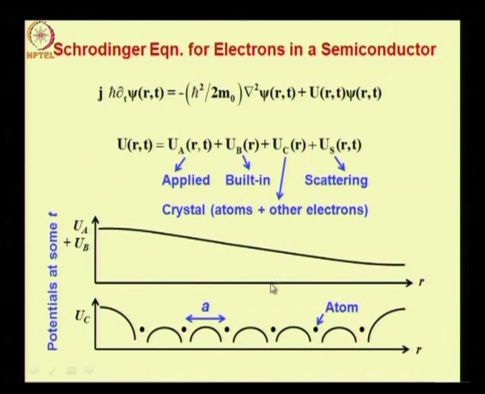What is interesting to note is that the crystal potential varies very rapidly over small length scales of the lattice constant a, whereas the applied and built-in potentials vary rather slowly. It is this difference in the variation of the components that allows you to use the effective mass approximation.